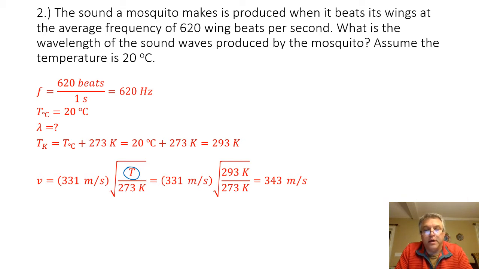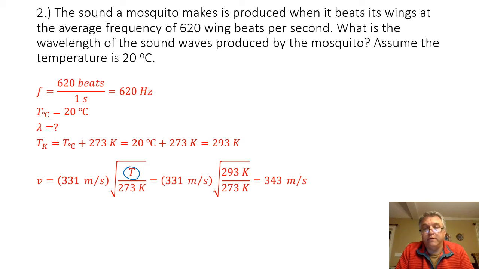I cannot plug Celsius temperatures into this formula. So my wave speed is going to be 331 meters per second times the square root of 293 Kelvin divided by 273 Kelvin, and that will give me a wave speed of 343 meters per second.